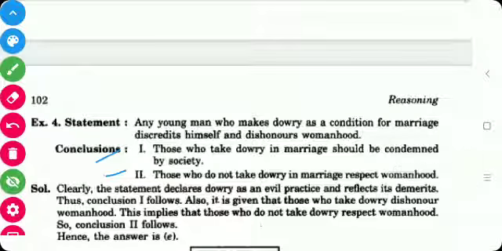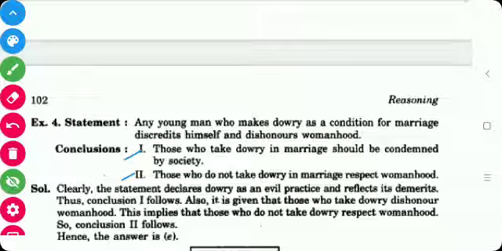The next statement is: any young man who makes dowry a condition for marriage discredits himself and dishonors womanhood. The conclusions are: those who take dowry in marriage should be condemned by society, and those who do not take dowry in marriage respect womanhood.